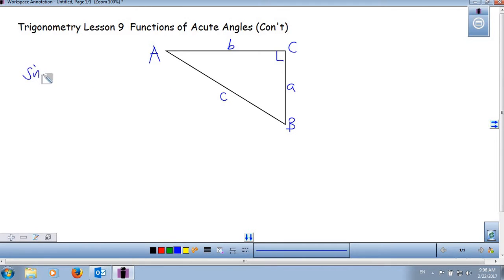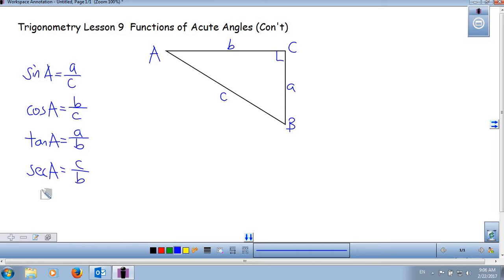The definition of sine of any acute angle, in this case, would be the opposite leg divided by the hypotenuse. Cosine of angle A would be the adjacent leg, B, divided by the hypotenuse, and tangent of angle A would be the opposite leg over the adjacent leg, which is a over B. Secant of angle A would be the hypotenuse divided by the adjacent leg.